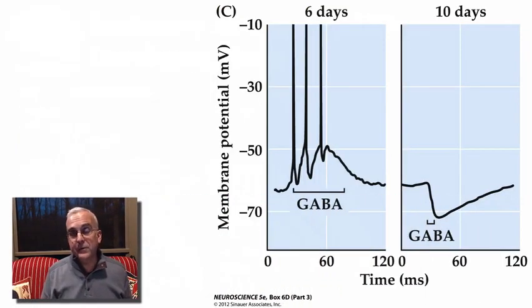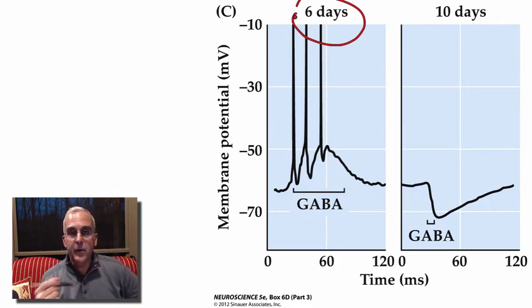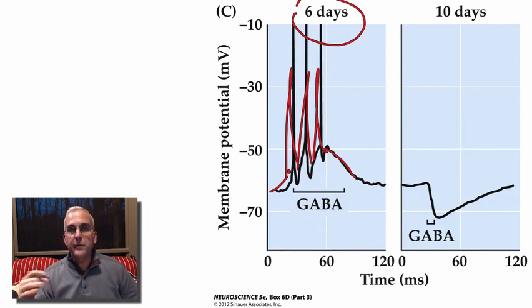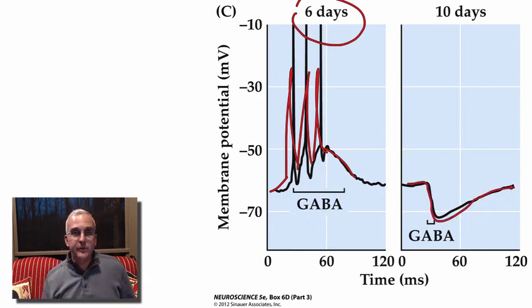Here's some electrophysiological data that makes this point. In the left part of panel C is a recording from a 6-day-old neuron in a mouse. And what we find is that with application of GABA, there is a series of action potentials that rise upon this envelope of depolarization. This is an EPSP leading to the generation of action potentials. Now, if we were to wait a few days later, as these neurons mature and apply GABA, now we see that there is a hyperpolarization of the membrane.